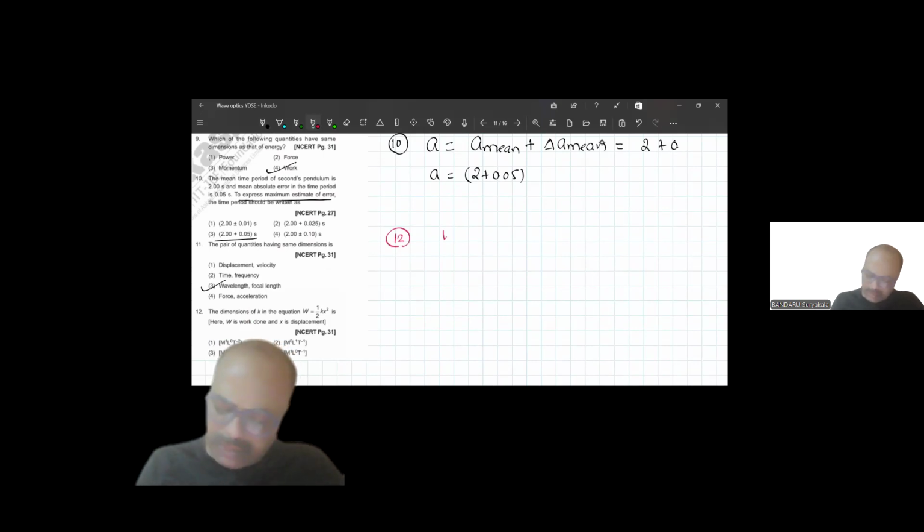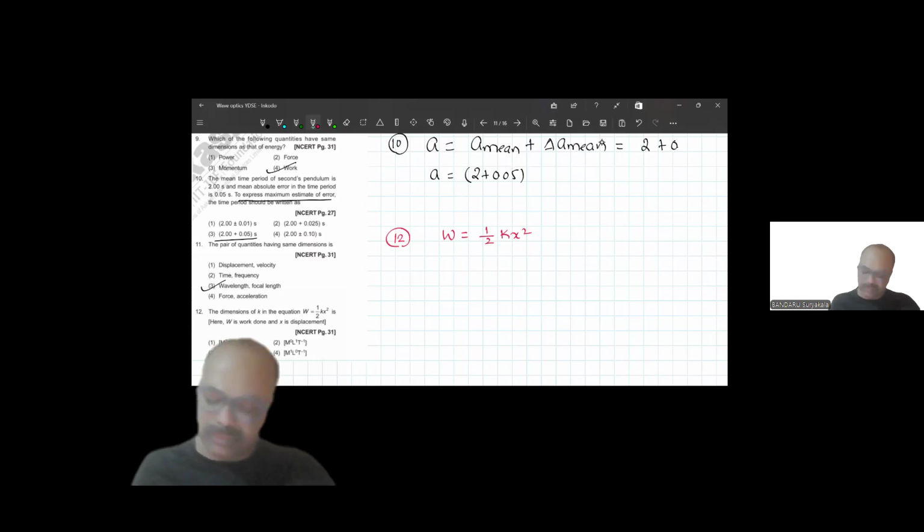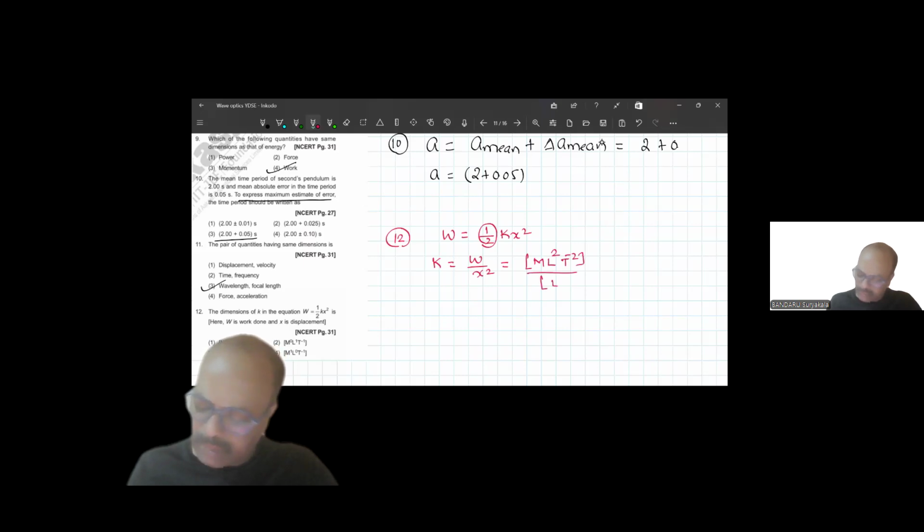The dimensional formula of the k they ask. So k is a number, it is dimensionless. So k equals W by x square, not omega, W, that is it. So W means work done, M L square T power minus 2, by length square.